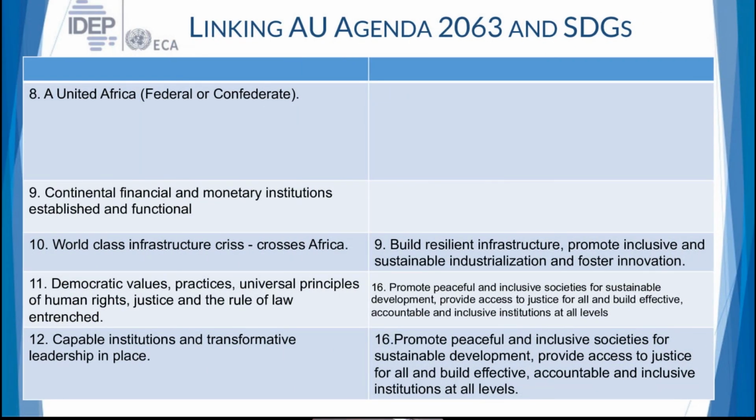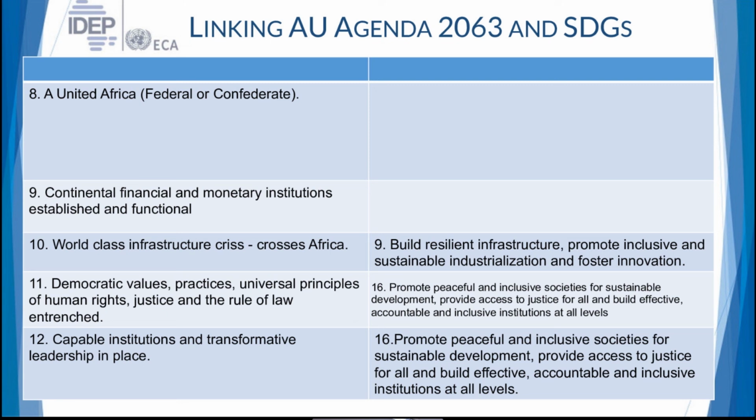So let me just show you where I found that there is not a direct relationship. For example, when you take goal 8 of the AU agenda, it's about United Africa, federal or confederal Africa. There's no specific link to the SDGs there.